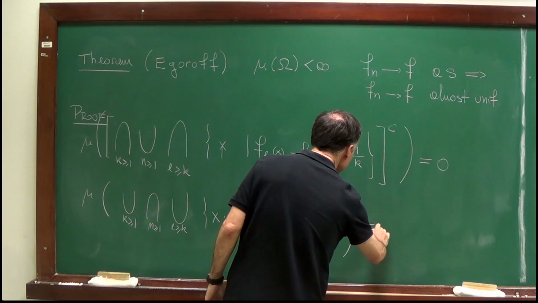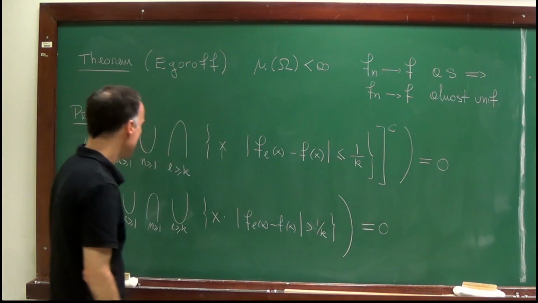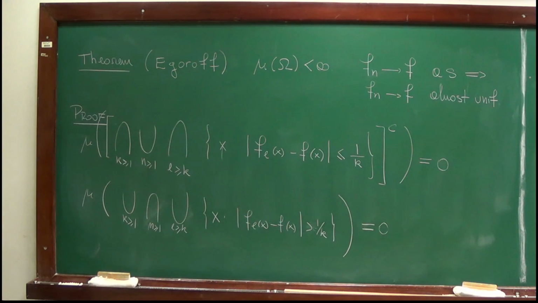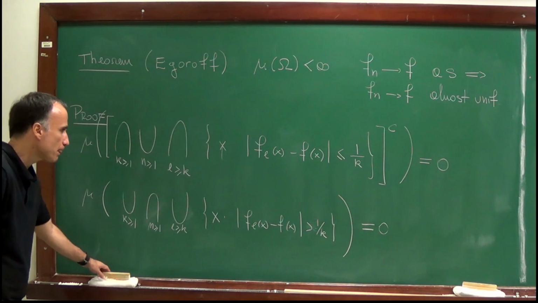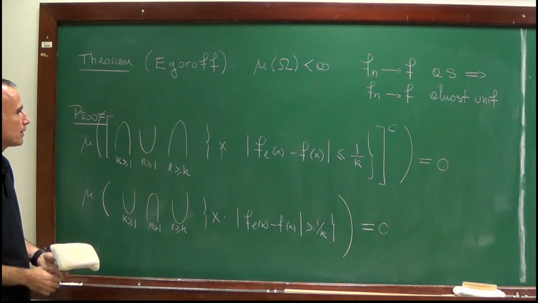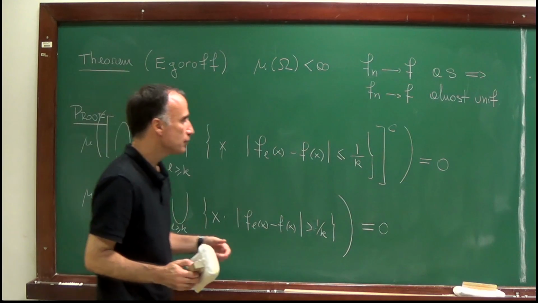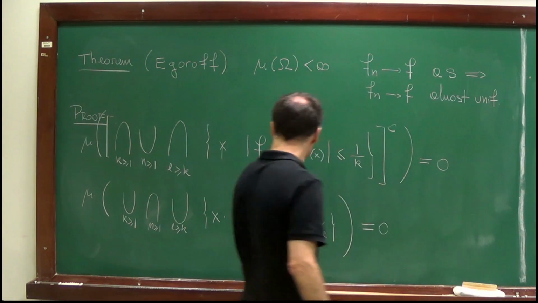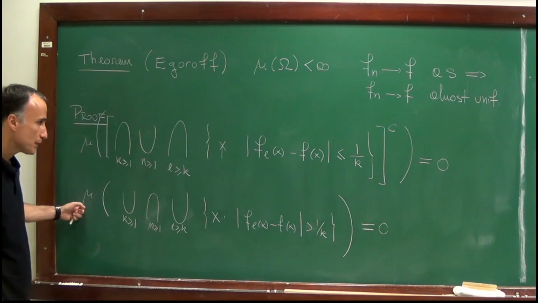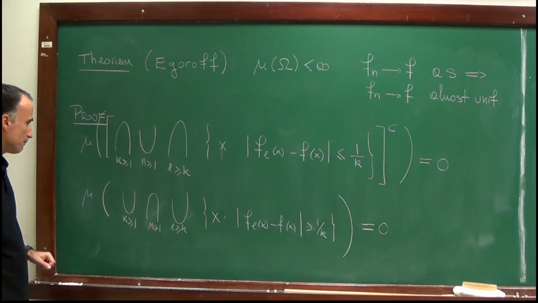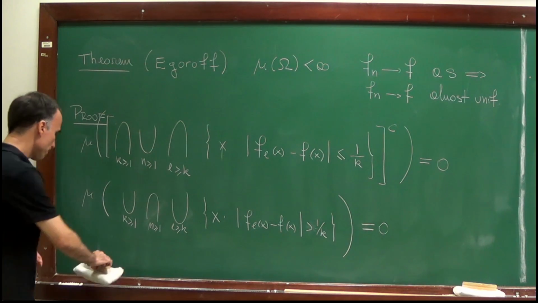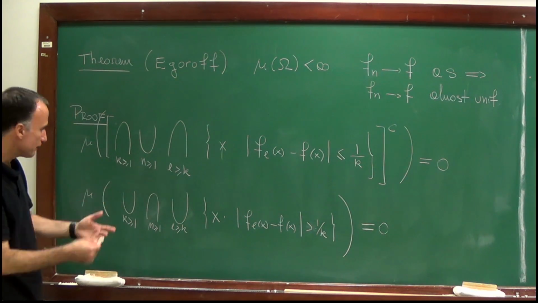And this set has measure 0. So maybe let's continue in the other blackboard. Keep in mind this identity, and let me just explain what I will write next.